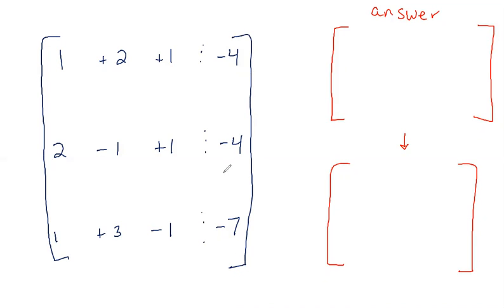Based on what we've been learning, row 1 is to contain x, y, z, and the constant answer information. So I can write that over here in my answer matrix. So we've got 1, 2, 1, -4.